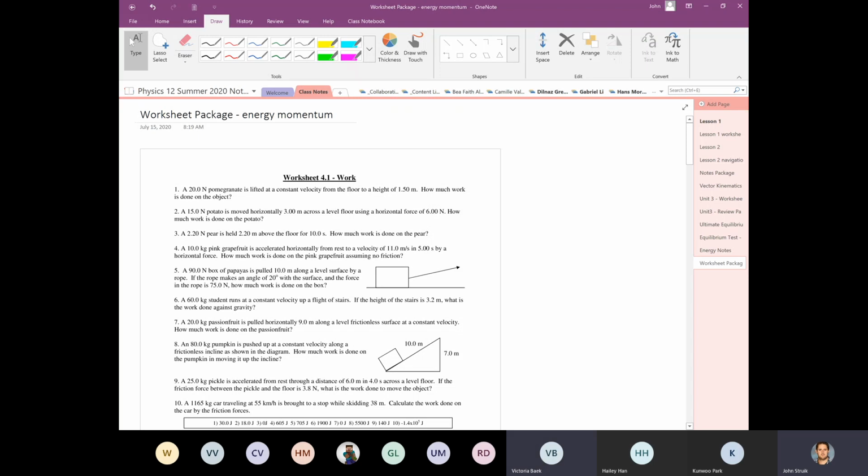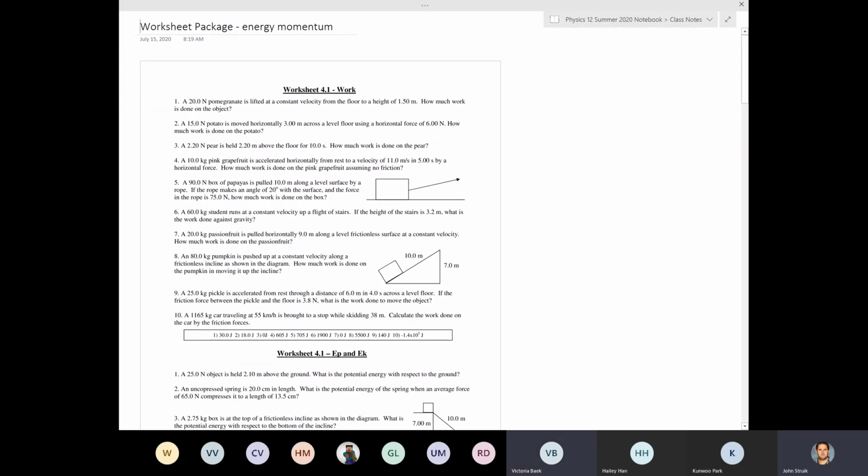For number 3, I don't know why the answer is 0. If you think about the pair being held 2.2 meters above the floor for 10 seconds, it's just being held there, so there's no change in energy.